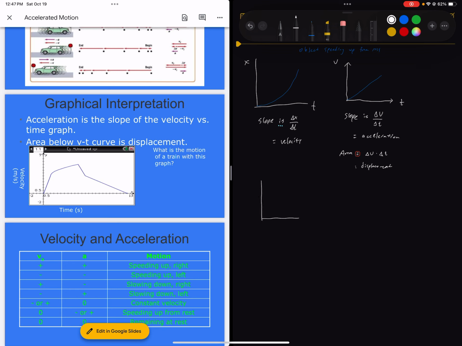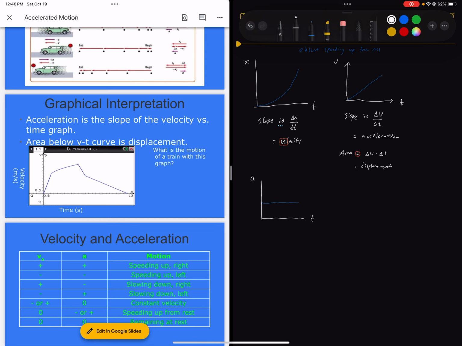Our acceleration time graph would look like this. We see here the slope, and we know slope is acceleration. This velocity time graph has a constant slope, and it's positive because it's going up and to the right. So we just have a constant positive value here. You can have changing accelerations, but we're not really going to deal with that.